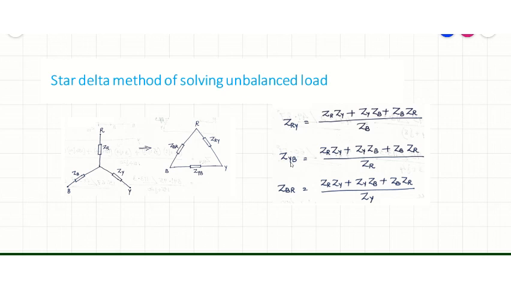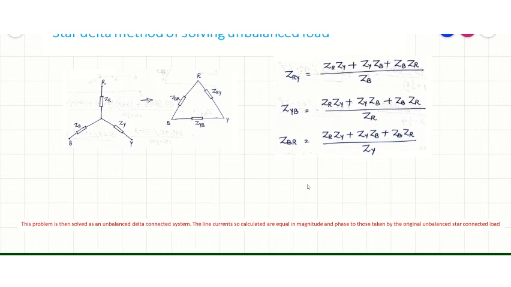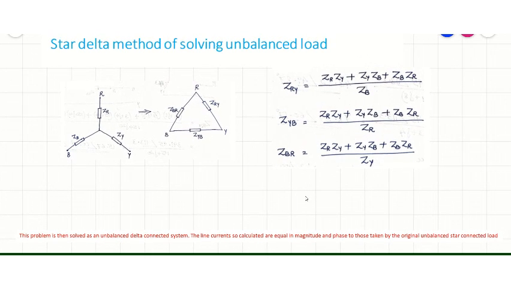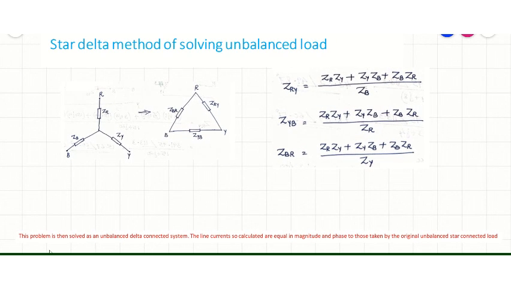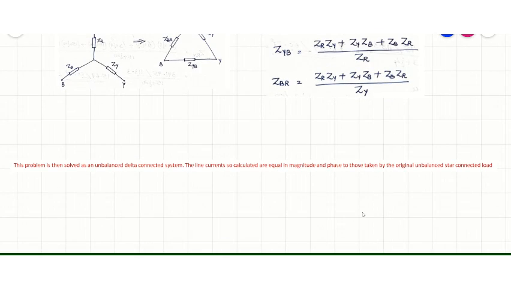Similarly, find out the values for ZYB and ZBR also. Then the problem is solved as an unbalanced delta-connected system. The line currents so calculated are equal in magnitude and phase to those taken by the original unbalanced star-connected load.